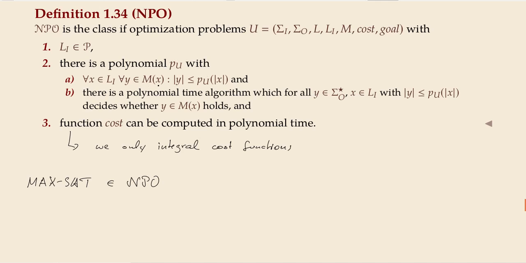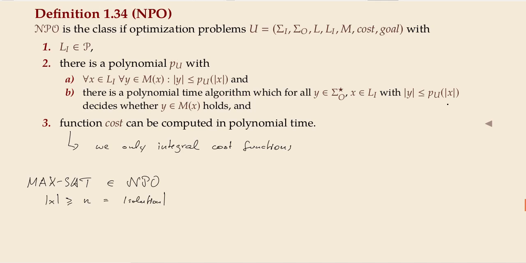The feasible solutions for such a formula were the variable assignments, and sure, if a formula has a certain length x, then this is also an upper bound for n, the number of variables, and that's the length of the solution. So we certainly have the first part. It's even linear in the input instance length.